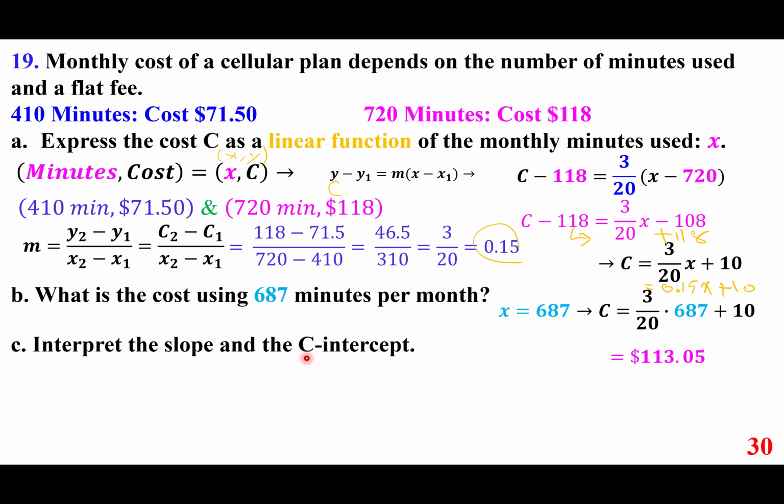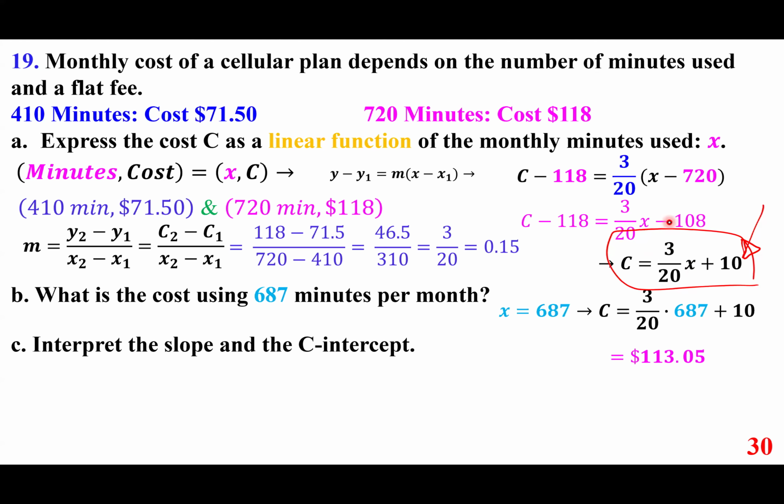So that means no matter what, if we look at this one, let me erase my work first and then box this one. So if you look at this one, 10 means they charge us $10 even if we don't use any minute. That is the constant, the fixed monthly cost for the y-intercept. Now we call it the C-intercept. This is the variable cost.